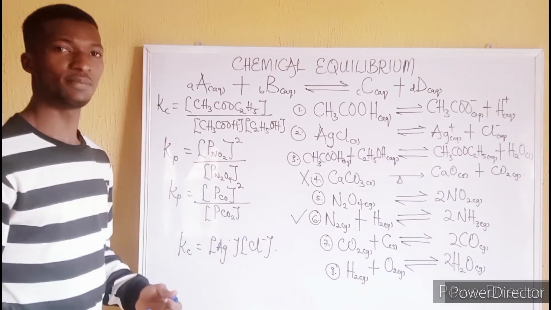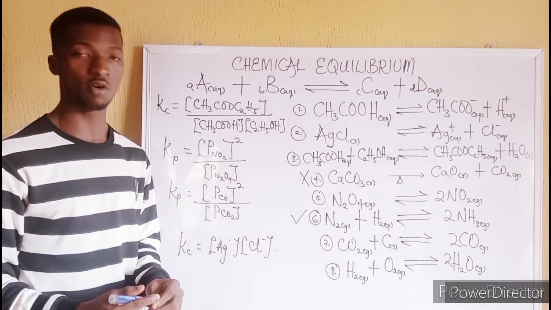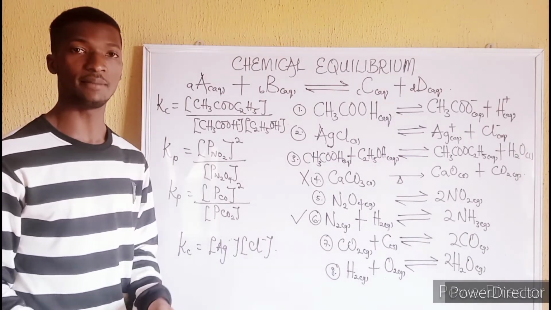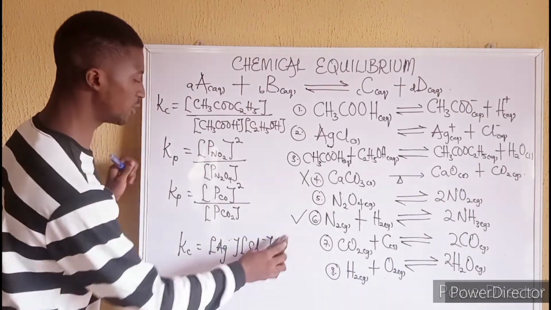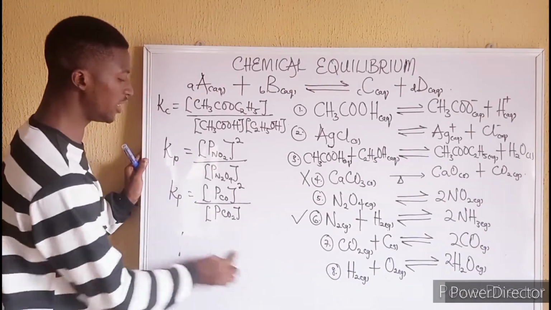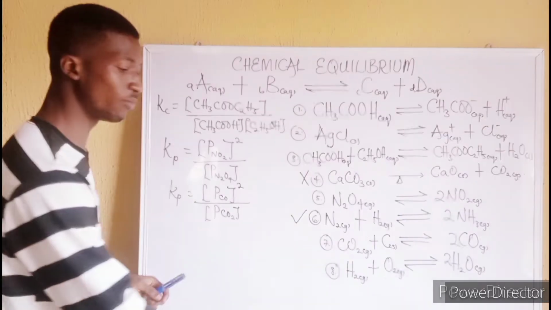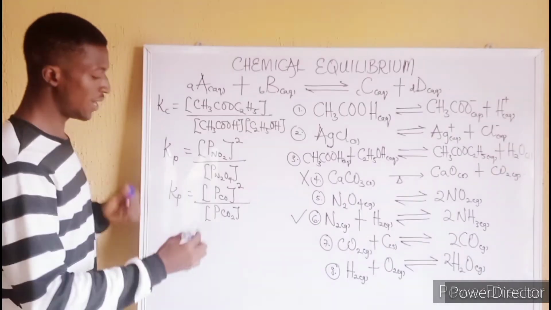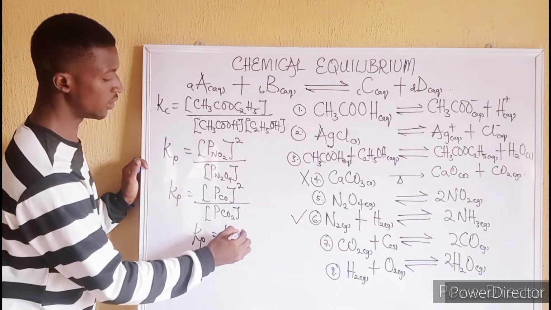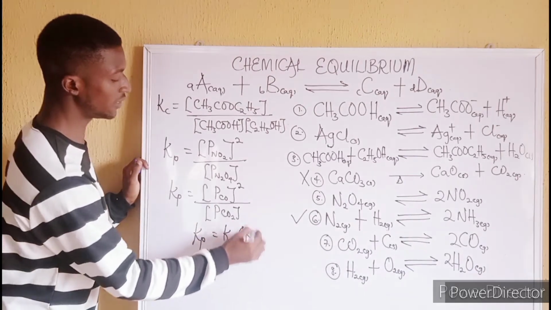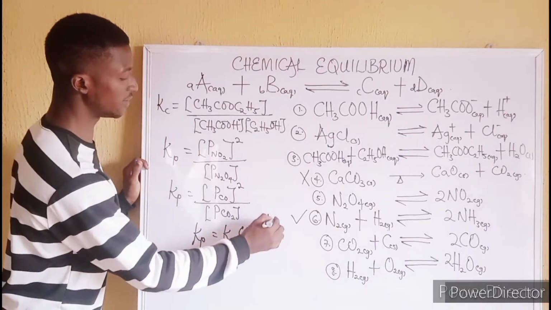I believe that by now we know how to express the equilibrium constant of gaseous systems and also aqueous systems. But there is an expression that relates the equilibrium constant of a gaseous system with that of an aqueous system, and it is taken to be Kp is equal to Kc (RT) to the power of delta n.